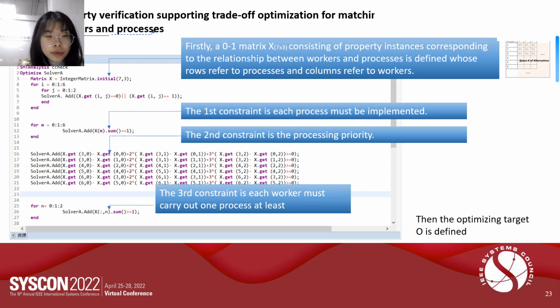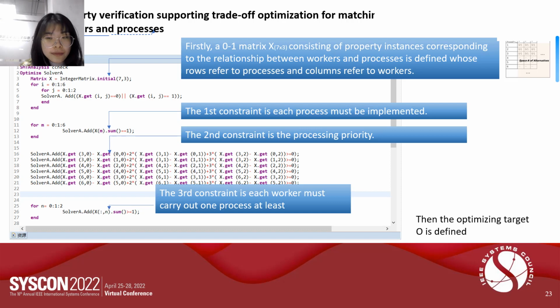Firstly, a 0-1 matrix X consisting of property instances is defined, whose rows refer to the processes and columns refer to the workers. The first constraint is that each process must be implemented. The second constraint is the processing priority. The third constraint is that each worker must carry out at least 1 process.